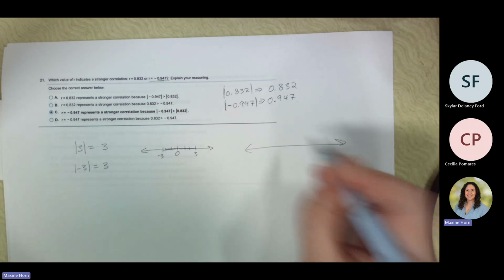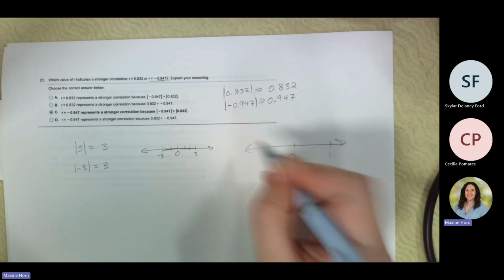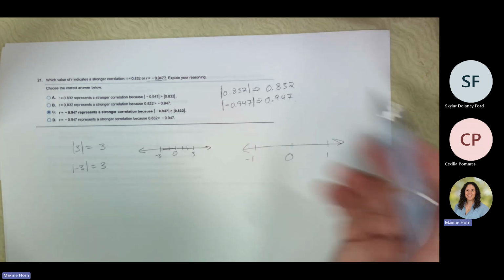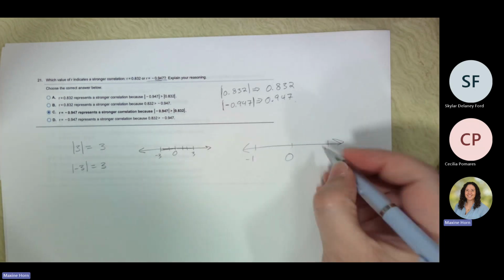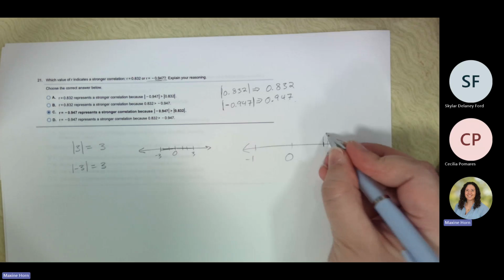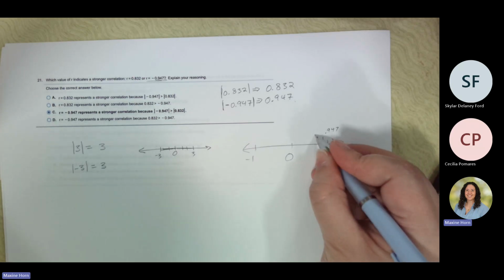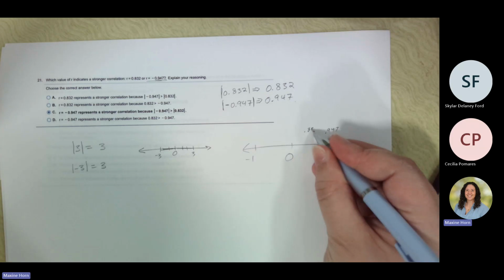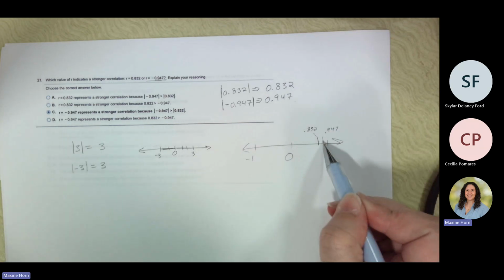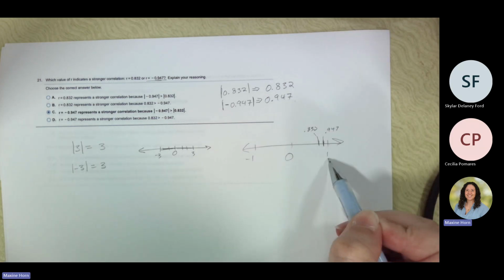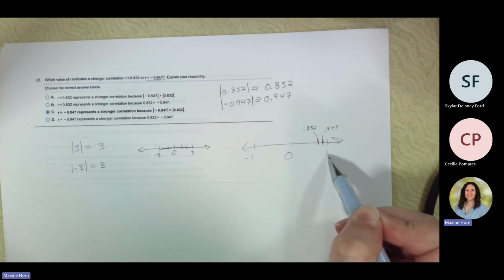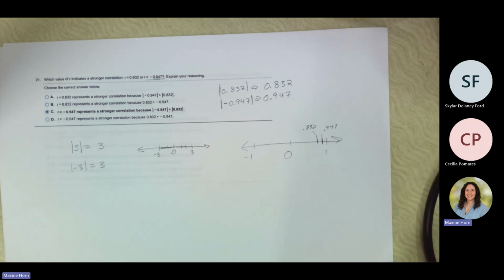On a number line, here's 0, here's 1, here's -1. If we're looking at the absolute value, here's 0.947 and here's 0.832. 0.947 is closer to 1, and the closer that we get to 1, the stronger the correlation. Okay.